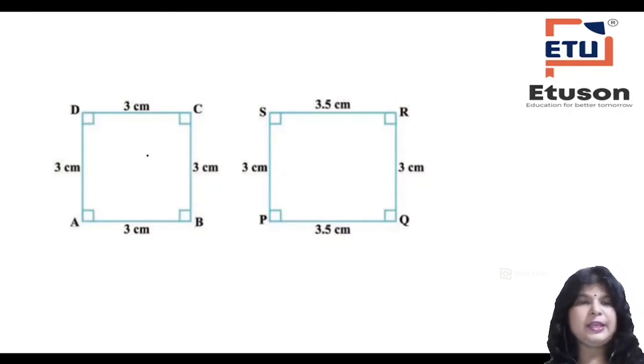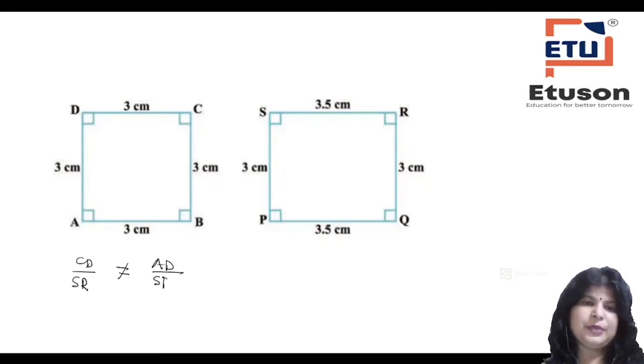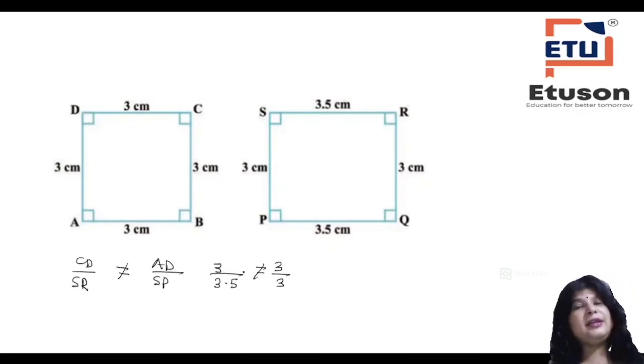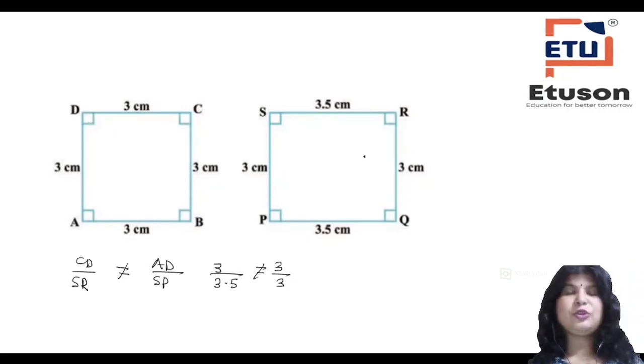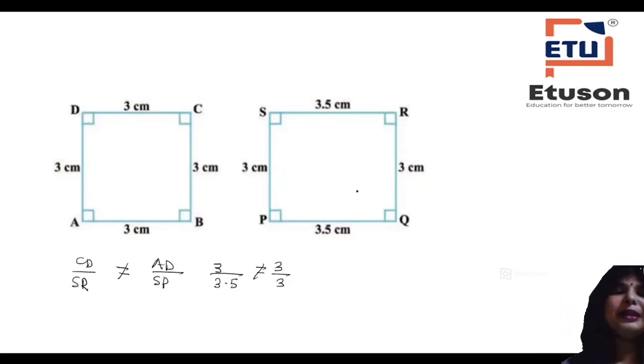As you can see, CD by SR is not equal to AD by SP, right? You can try with the numbers: 3 divided by 3.5 is definitely not equal to 3 by 3. So from this condition you can clearly tell that these two figures are not similar.